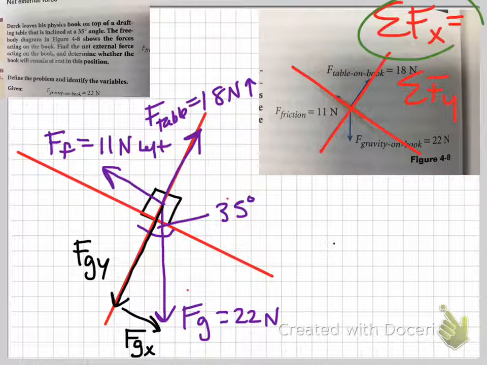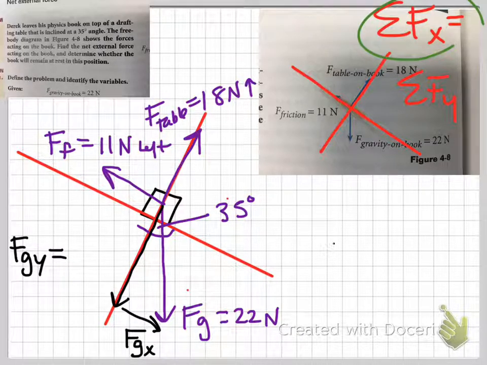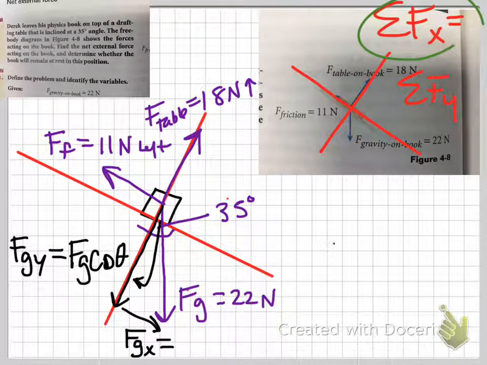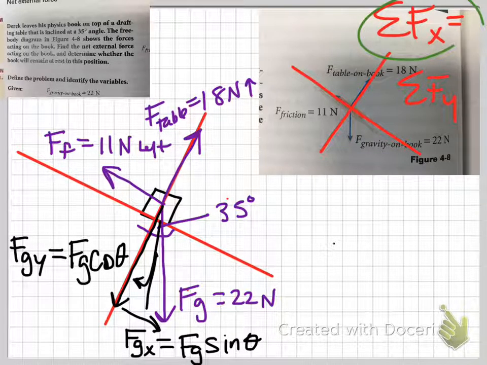So F of g y, and here we've got y adjacent to our angle, so this is going to be Fg cosine theta. And F of g x is going to be Fg sine theta because it's opposing that angle. Well, that seems like a lot of work to do before we even do any real math.